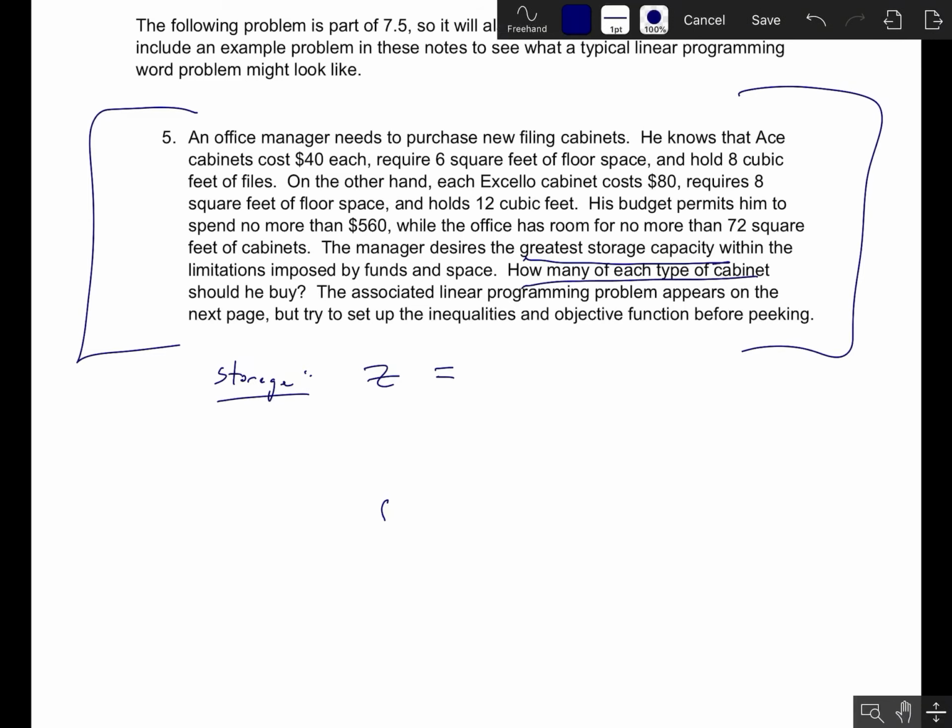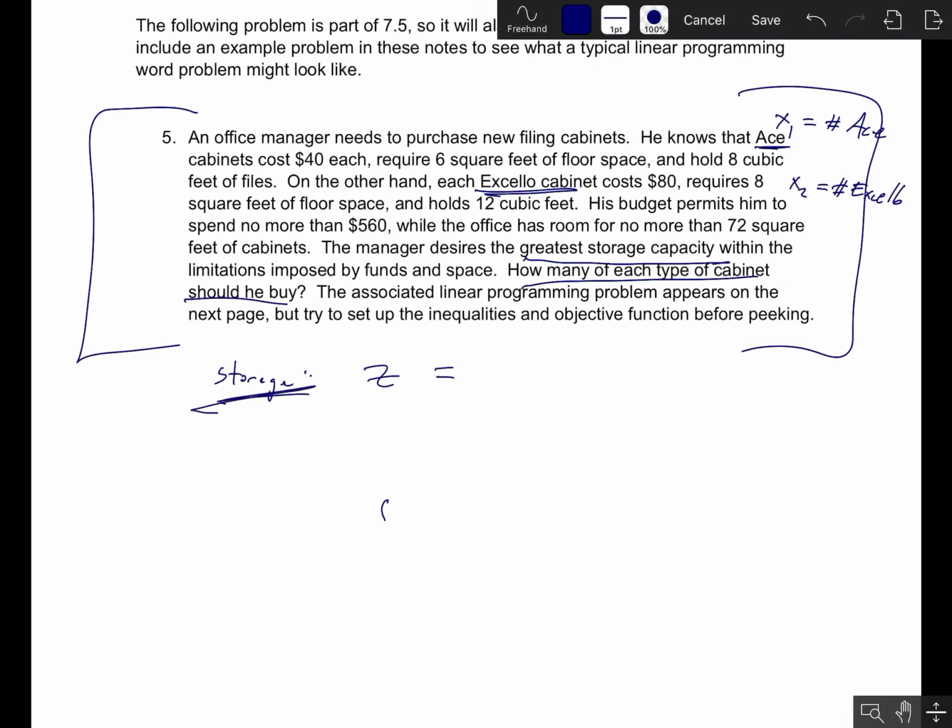And here the question is, how many of each type of cabinet should we buy? So I would maybe call these ACE cabinets X1. So X1 will be the number of ACE cabinets. And then there's also the Excello cabinet. X2 might represent the number of Excello cabinets that we should buy.